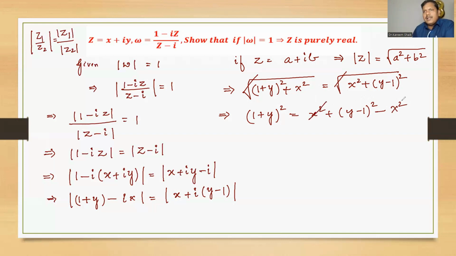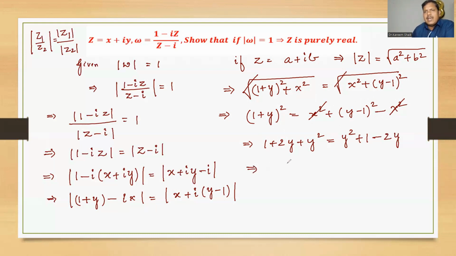So positive x square and negative x square get cancelled. So what will I get now? 1 plus 2y plus y square, while expanding (1 plus y) whole square, equals y square plus 1 minus 2y, while expanding (y minus 1) whole square.